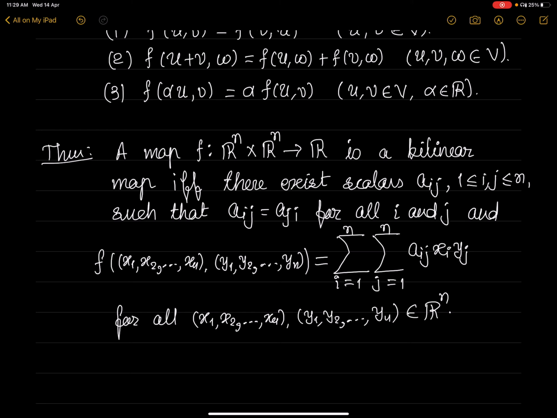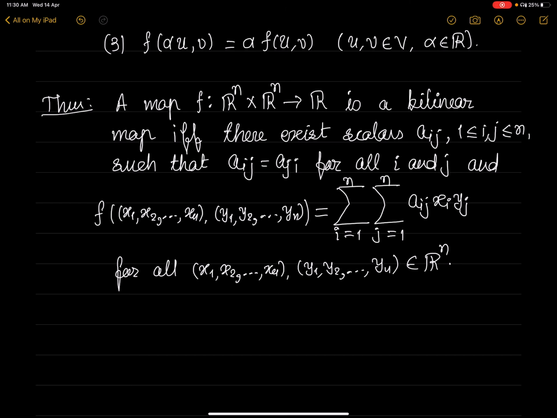Right. Let us again read the statement of the theorem. It says: a map f from Rn cross Rn to R is a bilinear map if and only if we get n squared scalars aij, such that aij is aji for all i and j, and f has the form, f of x, y, or f of (x1 to xn), (y1 up to yn), that is the same as summation i from 1 to n, summation j from 1 to n, aij xi yj.